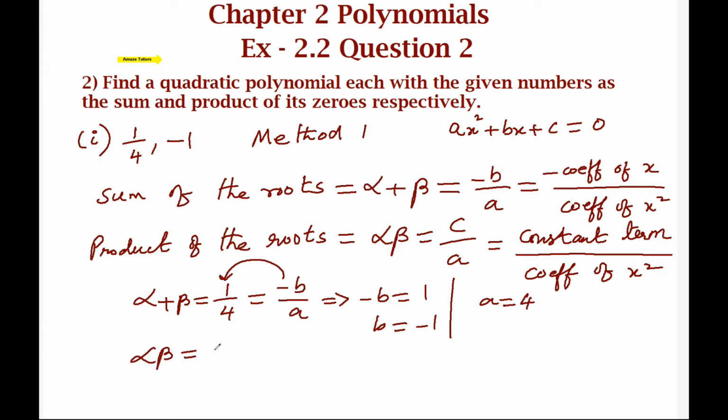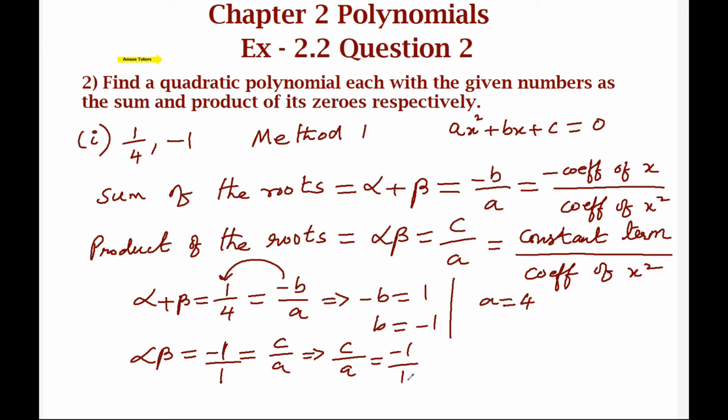Let's write the product, which is equal to negative 1, and this is c by a. Now any whole number can be written as a fraction with denominator 1. If I equate it, c is negative 1, a is positive 1, but there is a mismatch here. In the first case, for the sum of the roots, we got a equal to 4, but here a is equal to 1.